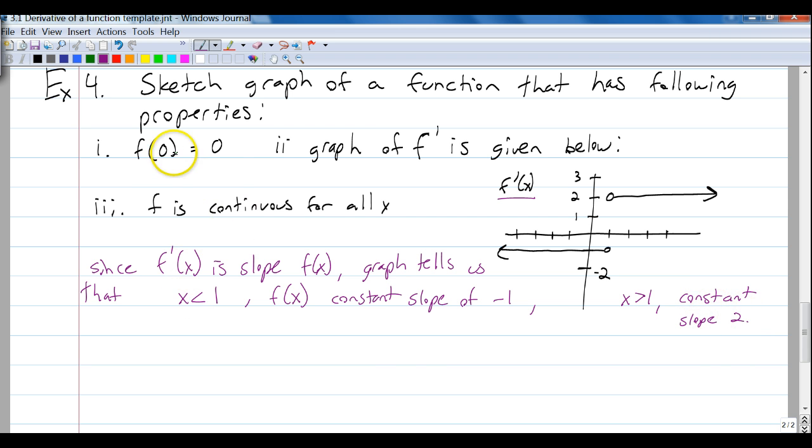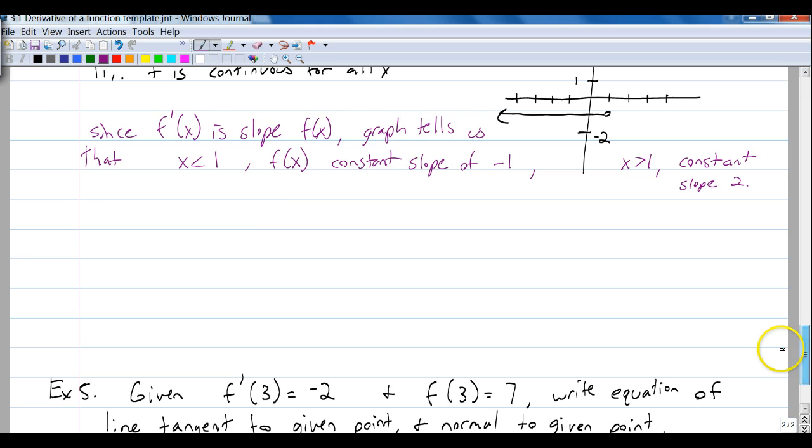It also tells us we have the point 0, 0. So we have both those pieces. Now I'm going to try to graph this using the information that I know.